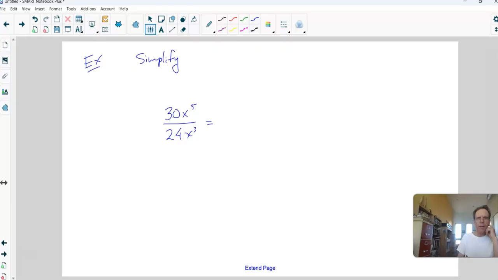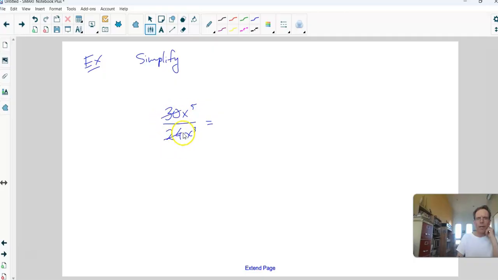I think there's one more example. 30x to the 5th over 24x to the 3rd. How might we deal with this one? Well, let's worry about the numbers first. What's a common factor between 30 and 24? Certainly 2, right?